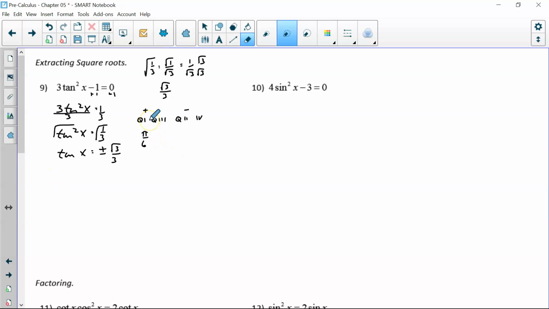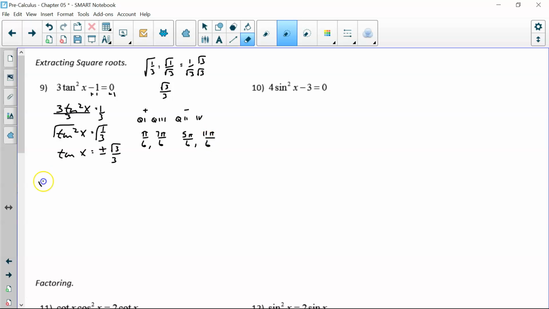So we're going to have a pi over 6 in quadrant 1. And to be in quadrant 3, it's going to be 7 pi over 6. That's for our positives. For our negatives, we're going to be at quadrant 2, which is 5 pi over 6, and quadrant 4, 11 pi over 6.